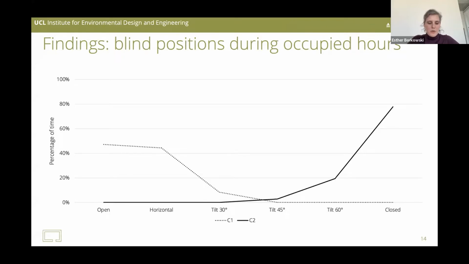While the blind was open almost half of the time during occupied hours in C1, which is the dotted line, it was never open in C2. And even when the blind was shut in C1, it was less often in tilted or closed position compared to C2.